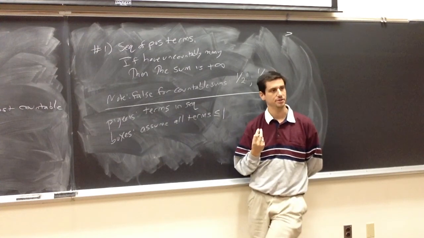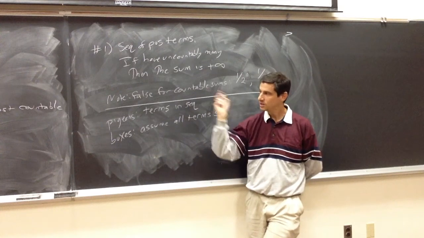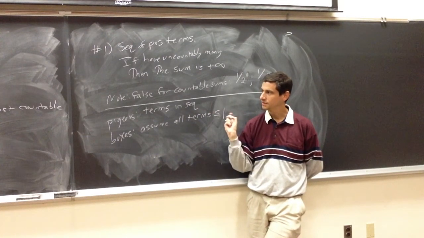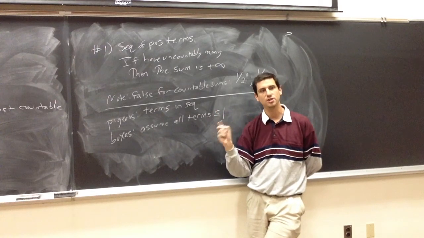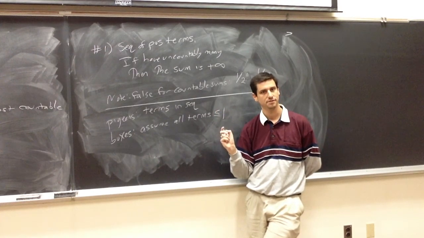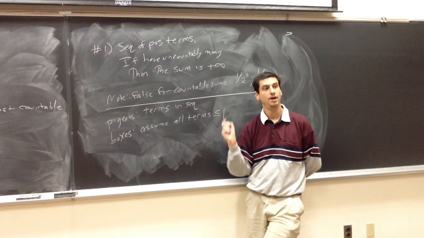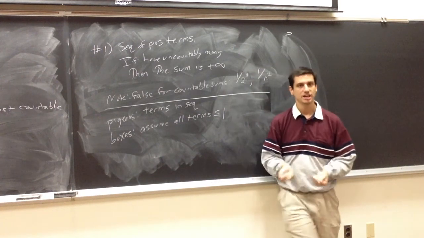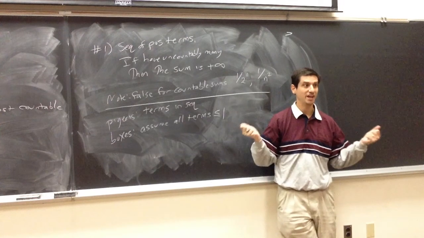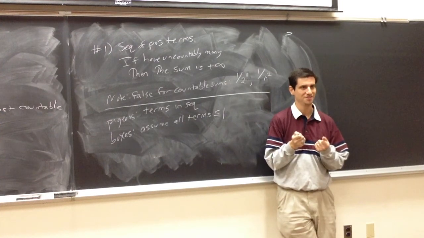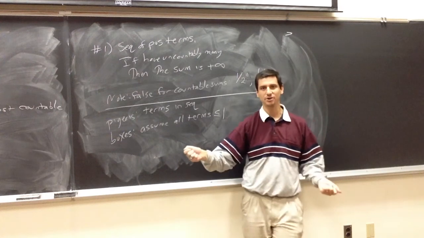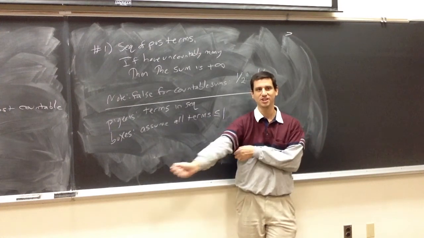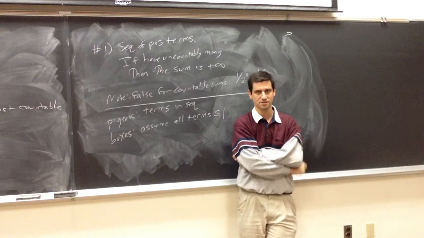This is the difficulty. The boxes have to somehow use the fact that I have uncountably many objects. How many boxes do I want to have? I want to have countably many boxes. It's a little strange: I load uncountably many pigeons into my pigeon gun, and I shoot into countably many boxes.